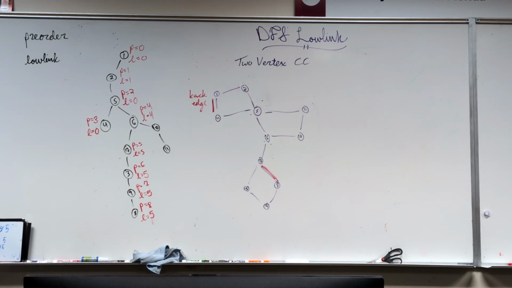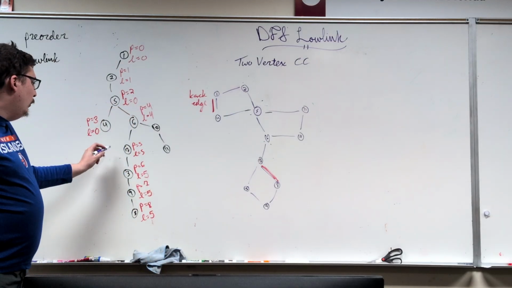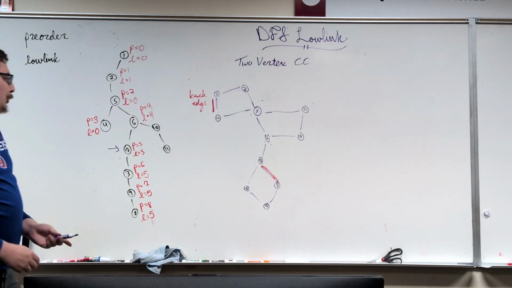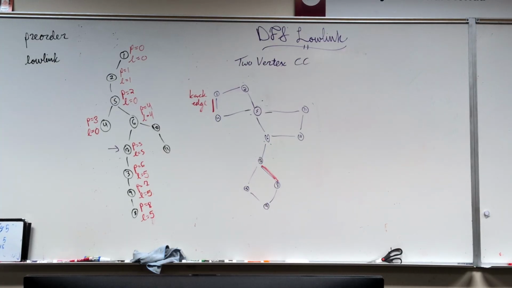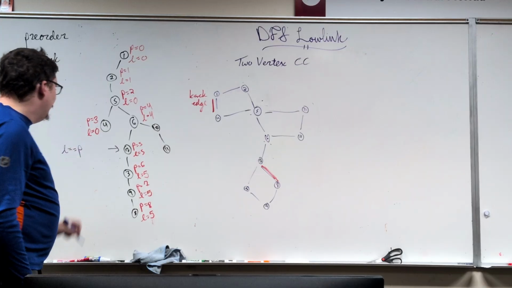Alright, I'm going to take a break here because we have something special that happened. We have fully traversed 7's subtree. And we have ended up with a low link value equal to our pre-order.